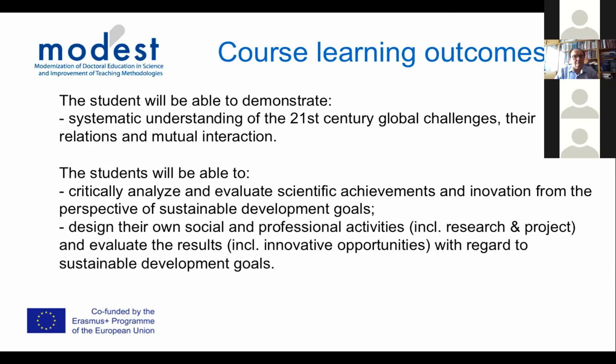The students will be able to critically analyze and evaluate scientific achievements and innovations from the perspective of sustainable development goals, design their own social and professional activities, including research and projects, and evaluate the results, including innovative opportunities of their results, with regard to sustainable development goals.